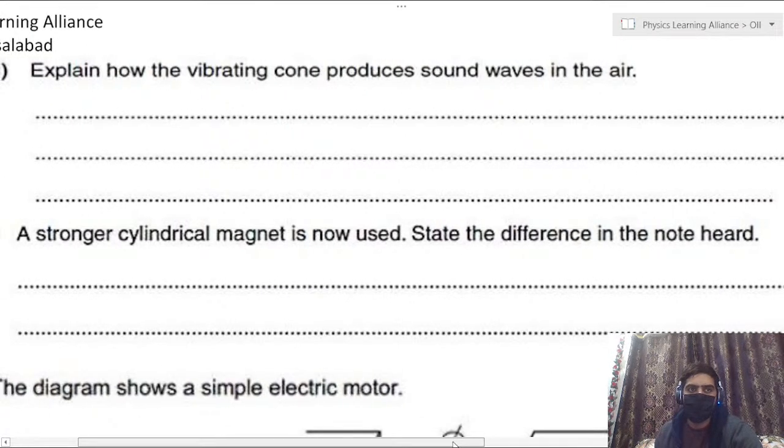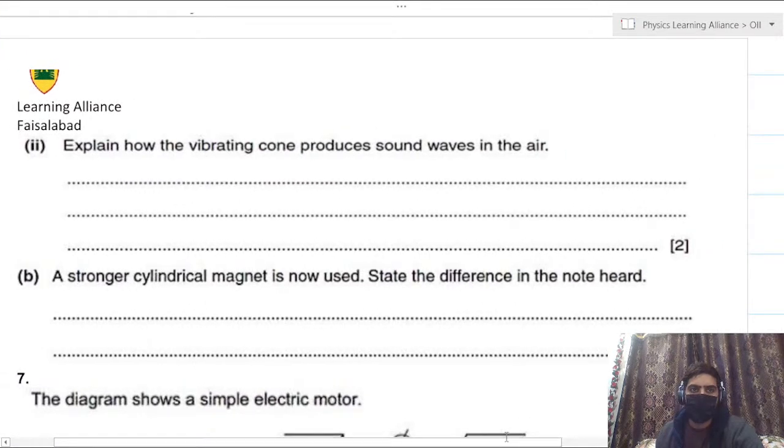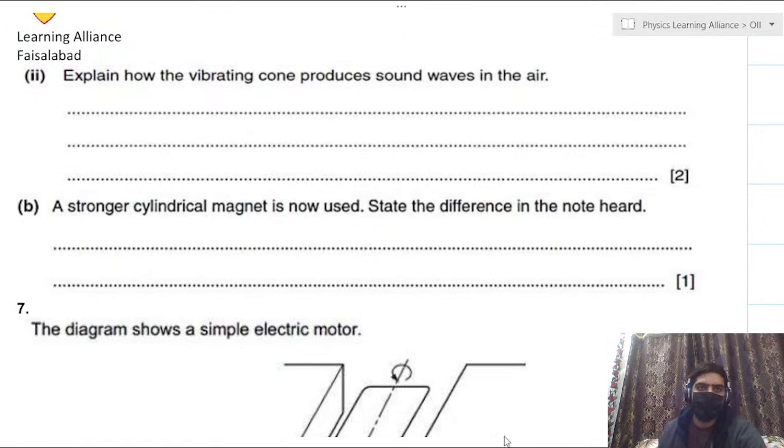All right, so let's write it down. As the coil vibrates, the air particles next to the coil also vibrate.